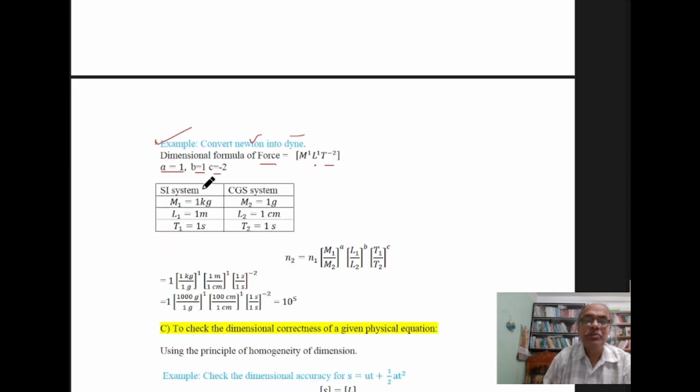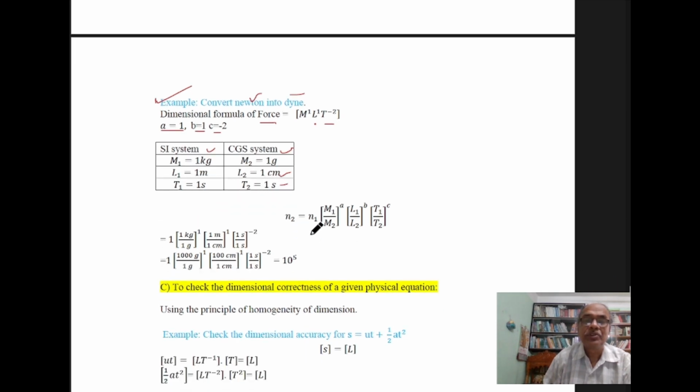And we write two systems: one is the SI system and the other is the CGS system. So M1 equal to 1 kg, L1 equal to 1 meter, T1 equal to 1 second. Here M2 equal to 1 gram, L2 equal to 1 centimeter, T2 equal to 1 second.